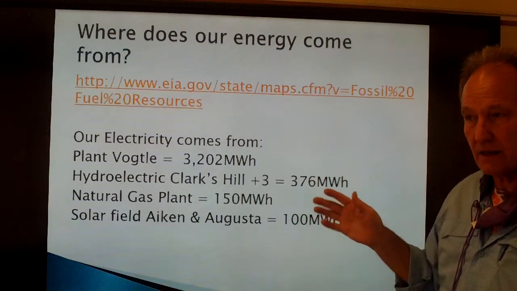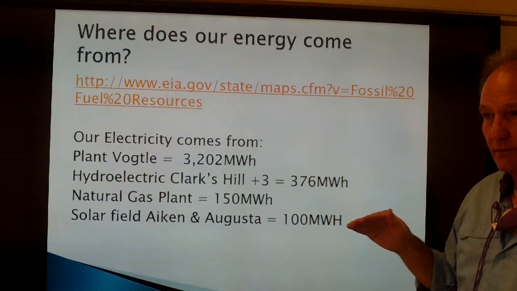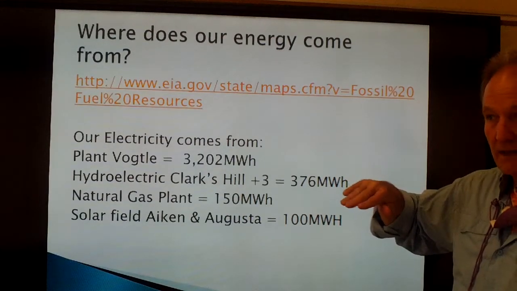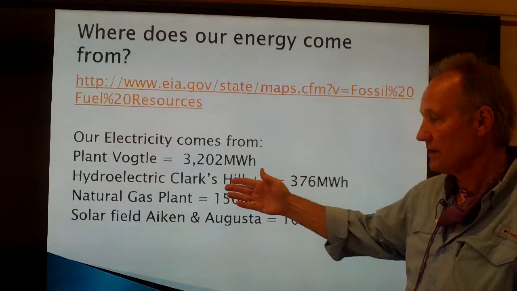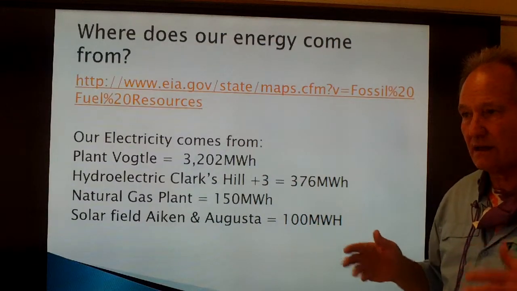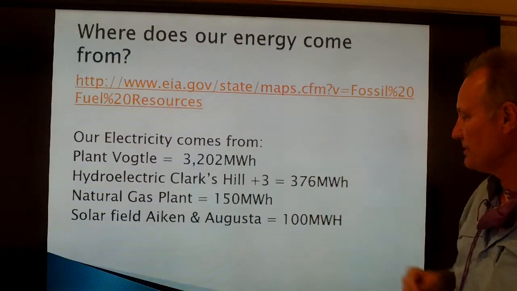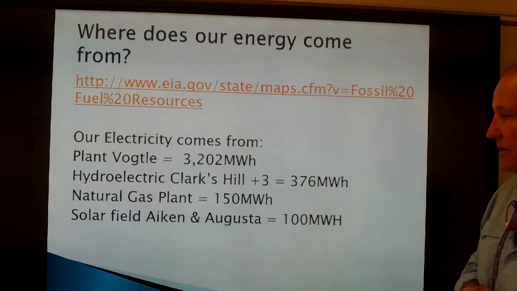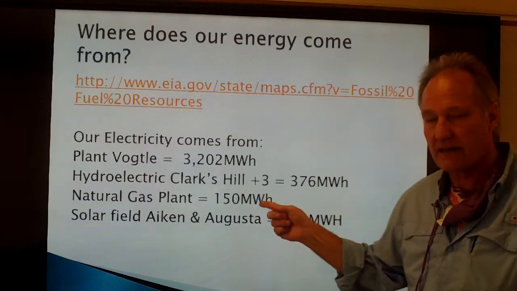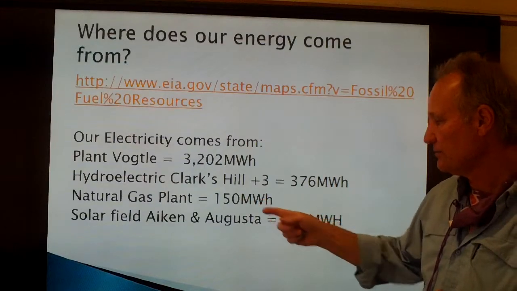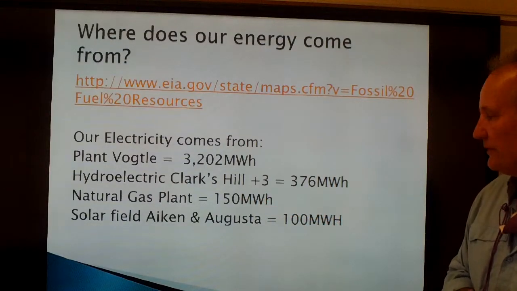Hydroelectricity, Augusta and Aiken are fortunate that they're on the fall line. So there is Clarks Hill, and then in Augusta there are 3 other hydroelectric facilities, and they produce about 378 megawatt hours. There's a natural gas plant down in Beach Island which produces about 150 megawatt hours.